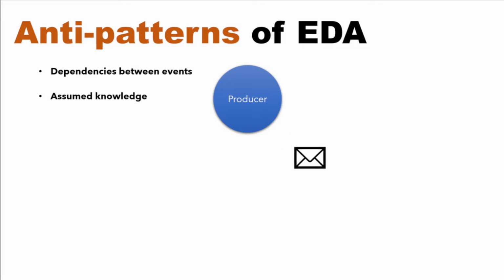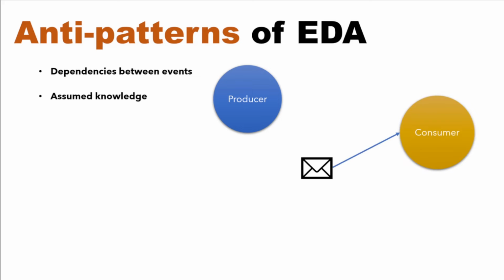For example, if a website generates an event about a new order that the customer has just placed, the message contained in the event should tell everything to a consumer about that new order: who the customer is, what the order is all about, when it was placed, etc. So it doesn't matter who the consumer is, they have everything they need to understand what the event that just happened is.